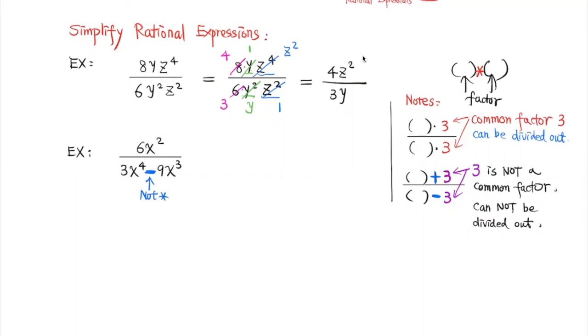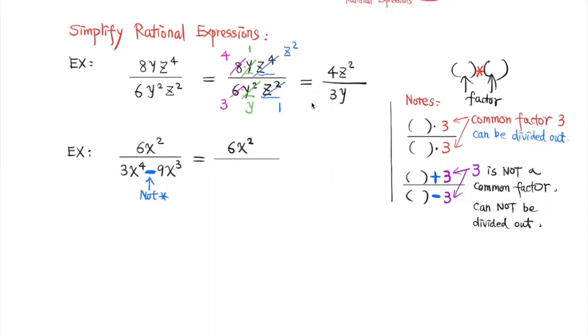In order to divide out common factors, we must factor the numerator and the denominator, and put them in factored form. Notice the numerator 6x squared is already in factored form. It is a product of 6 and x squared. So in between is multiplication, so we can just copy that, carry that over.